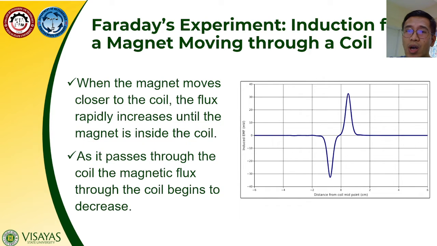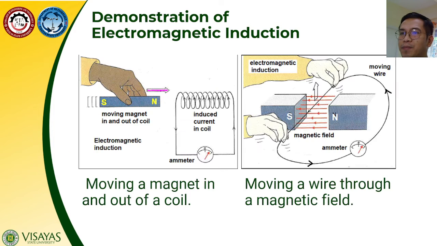So therefore, we cannot produce EMF because there is no potential difference. When the magnet moves closer to the coil, the flux rapidly increases until the magnet is inside the coil. As it passes through the coil, the magnetic flux through the coil begins to decrease, and consequently, the induced EMF is reversed.